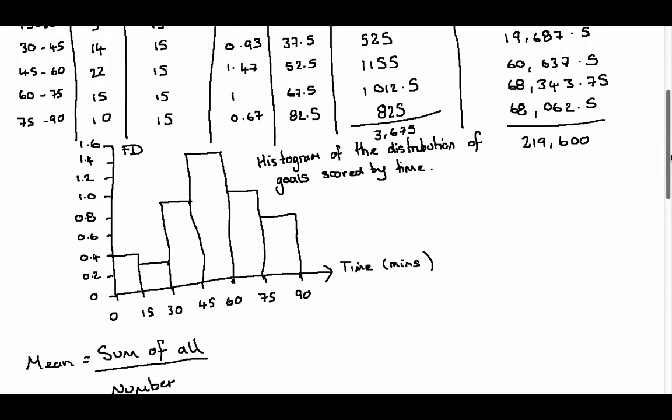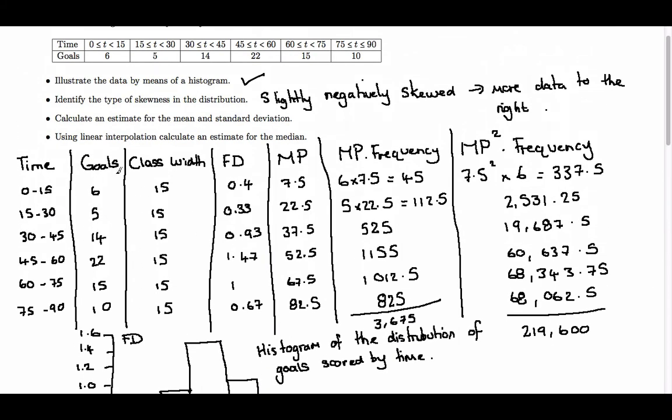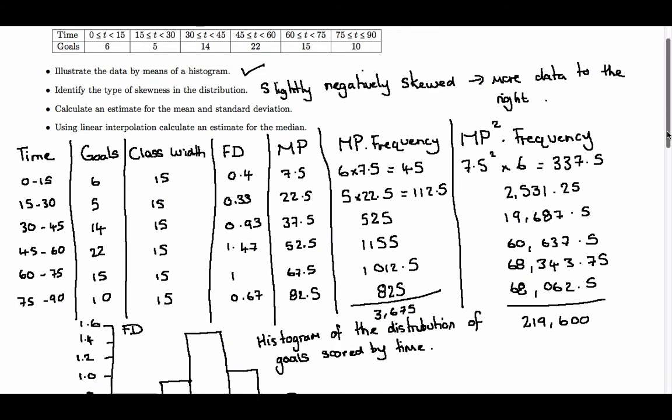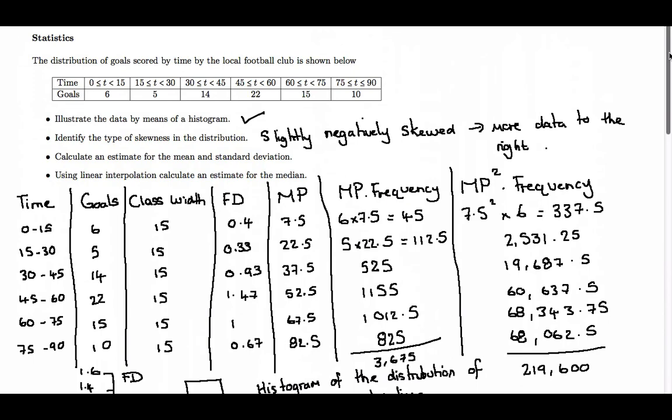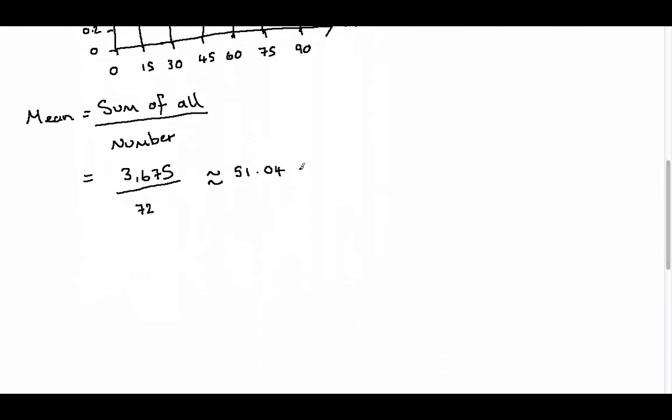And to calculate the number of them, it is just adding up all of these. So that gives a value of 51.04. So the average time a goal was scored, or the mean value, was 51.04 minutes.